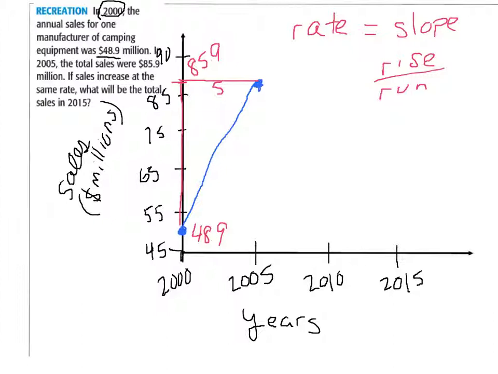So to find the rise, what I need to do is subtract 48.9 million from 85.9 million. So I'm going to do that math problem over here. 85.9 million minus 48.9 million.